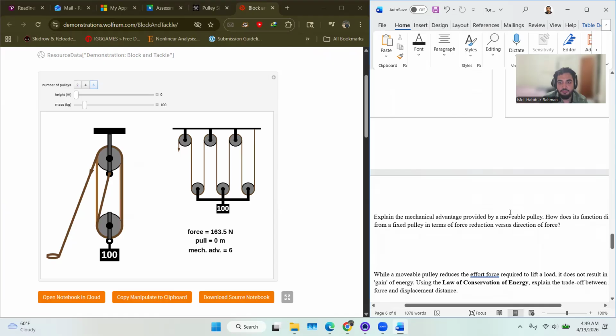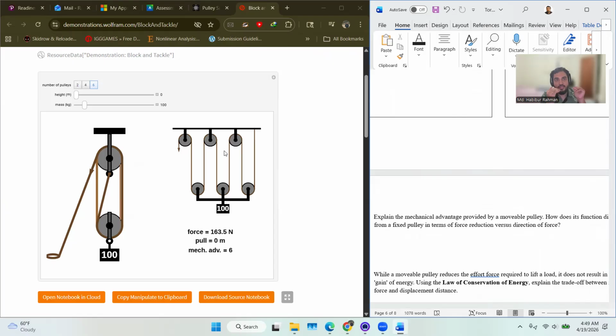Mechanical advantage for the moving pulley: explain the mechanism in terms of reaction force. Because of the tension on the rope. You understand? The more moving pulleys, the more tension on the rope. But we have to pull much more rope, because more rope means changing the distance.